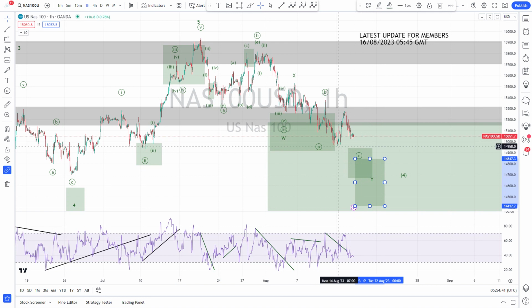If you believe the low was in here, then you can go long from here against this low. But for me, this is not really a strong low. I still think this can be the C here, one, two, three, four, five, down into these areas. So this is what I'm anticipating.